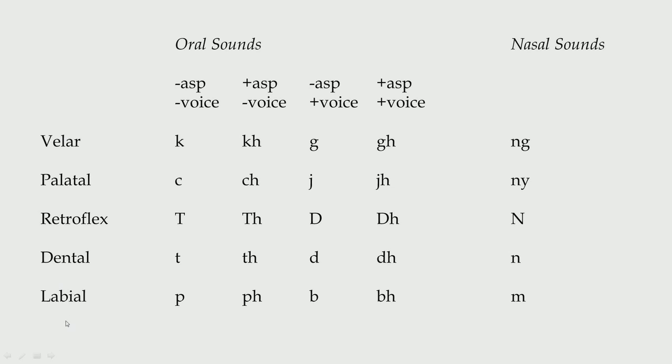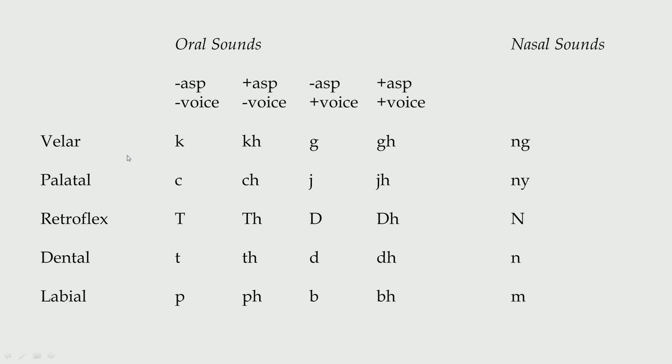Okay? So we need to look at the same chart with the other dimension. We need to look at more sounds that are available here. So far we have seen the places of articulation of these sounds, and according to the vertical axis, the arrangement of these sounds is according to the places of articulation.